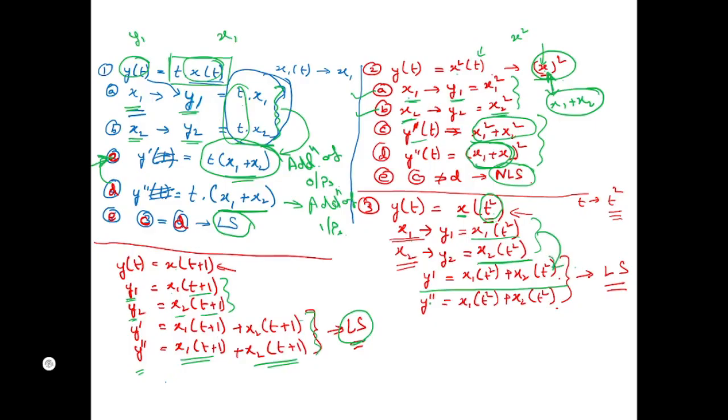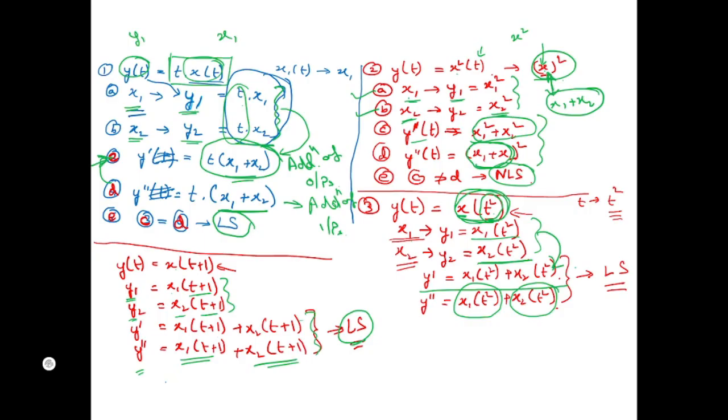In the last case, the signal is x1 of t square plus x2 of t square, because our signal is the whole signal. We do not have a square on the signal.